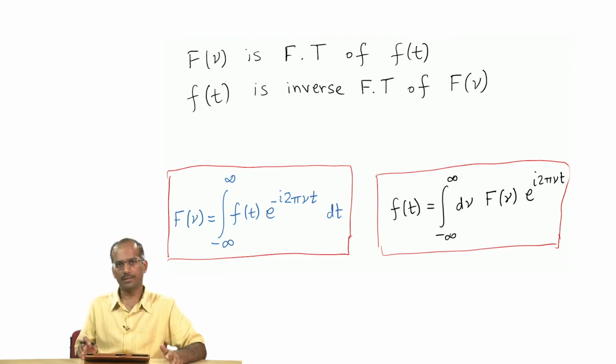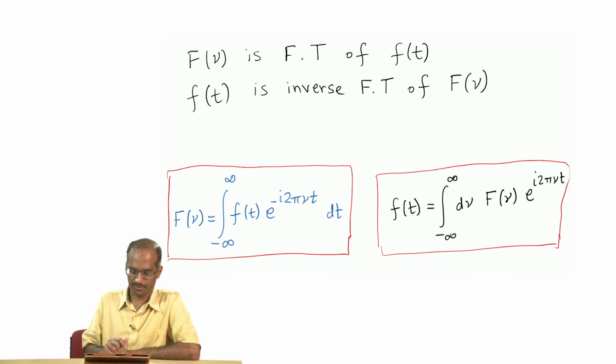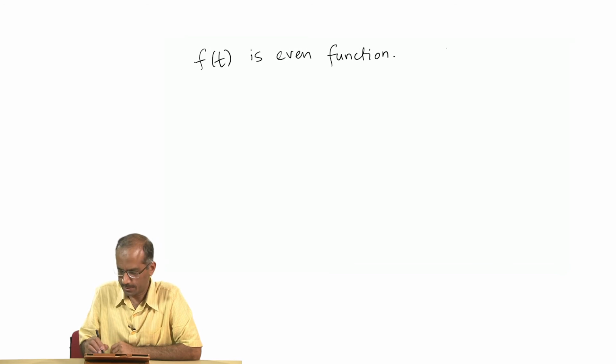These would be the general definitions for the Fourier transform, and in the literature you will find many different ways of writing it. There would be simplifications if you know some symmetry properties of the original function f of t. Suppose you know that the function f of t is an even function, in other words, f of minus t is equal to f of t.